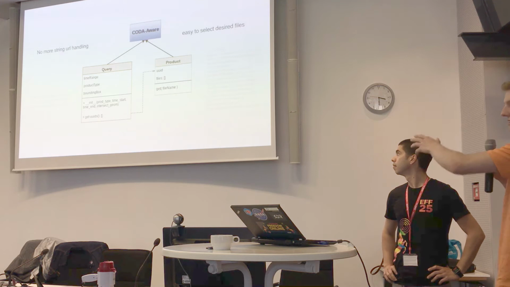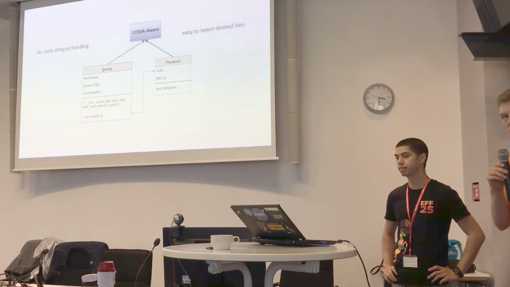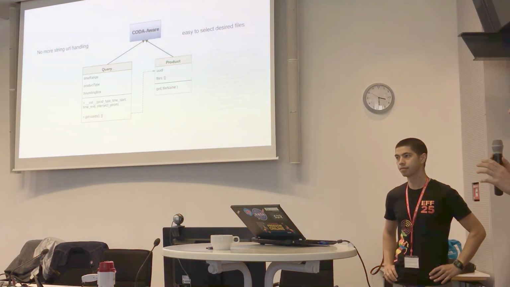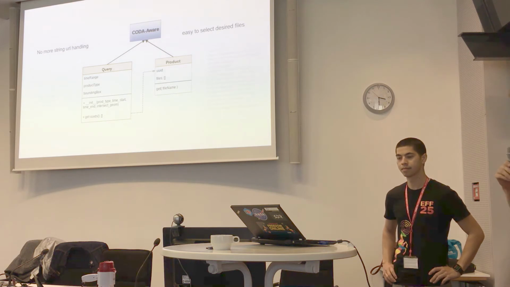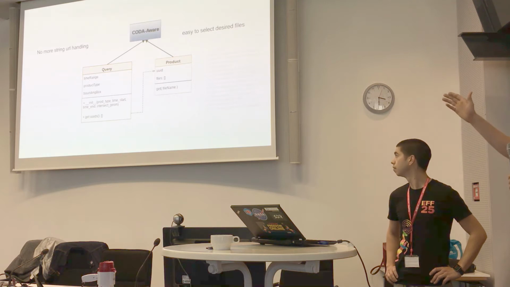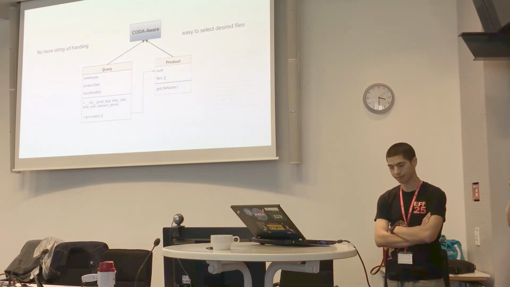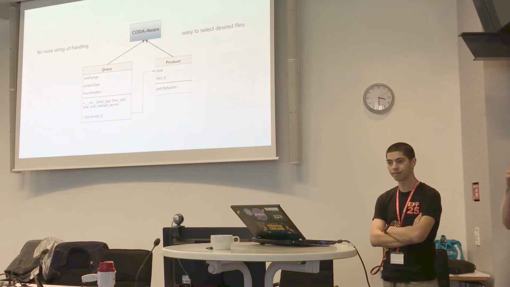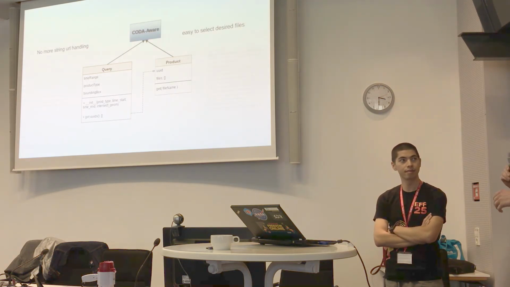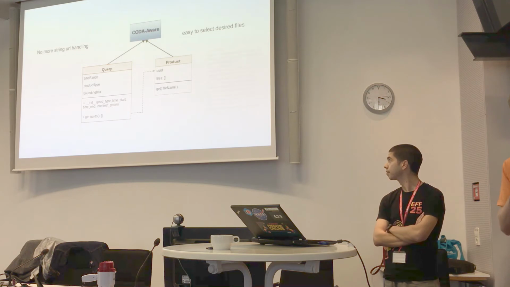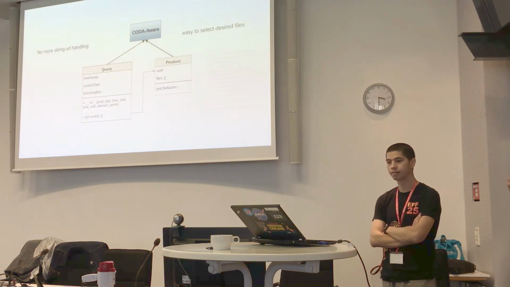First we have the query class, which is easily used to generate a query where you type in your search parameters and it returns all IDs for the products you want. Then you can make a product class out of this, which gives you very easy access to all the file names, and then you select the file you want with get file name and it gets downloaded.